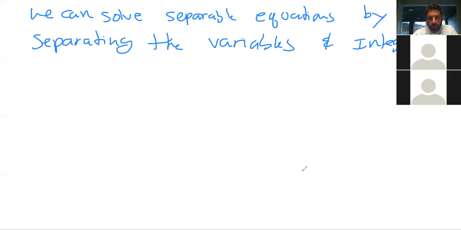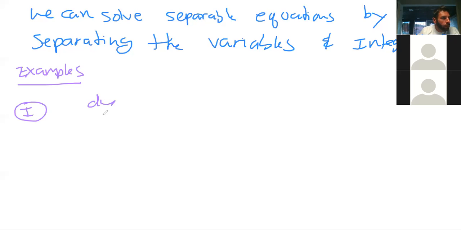Let's do one example. So let's take dy/dx equals e to the negative y times the sine of x. How do we solve this? Well, we note that on the right-hand side, I can separate my variables into two distinct functions.